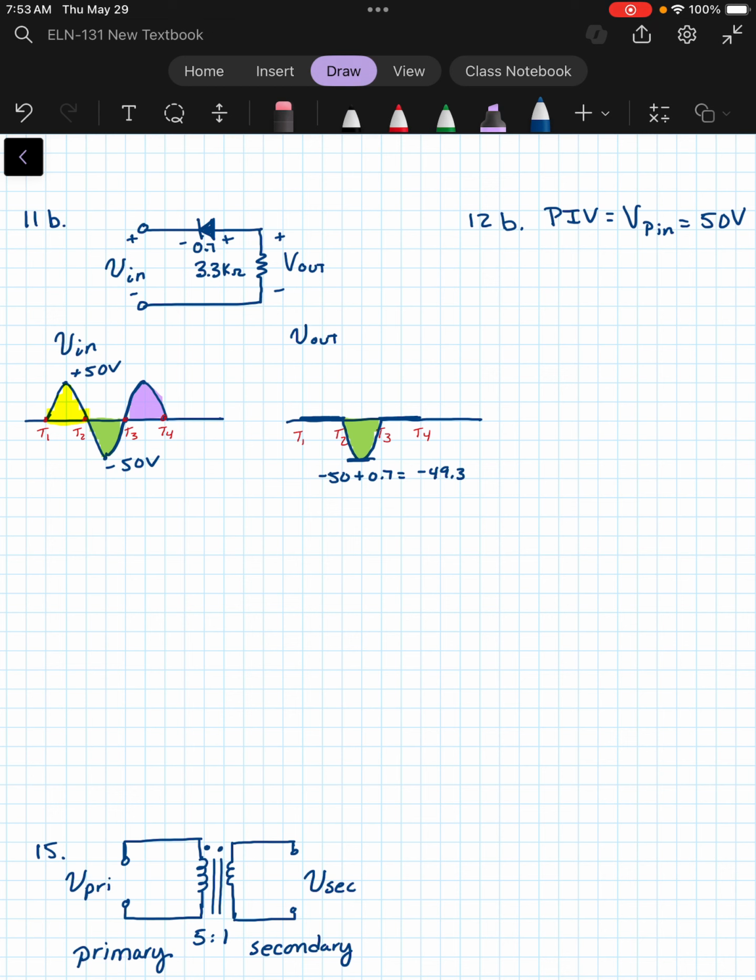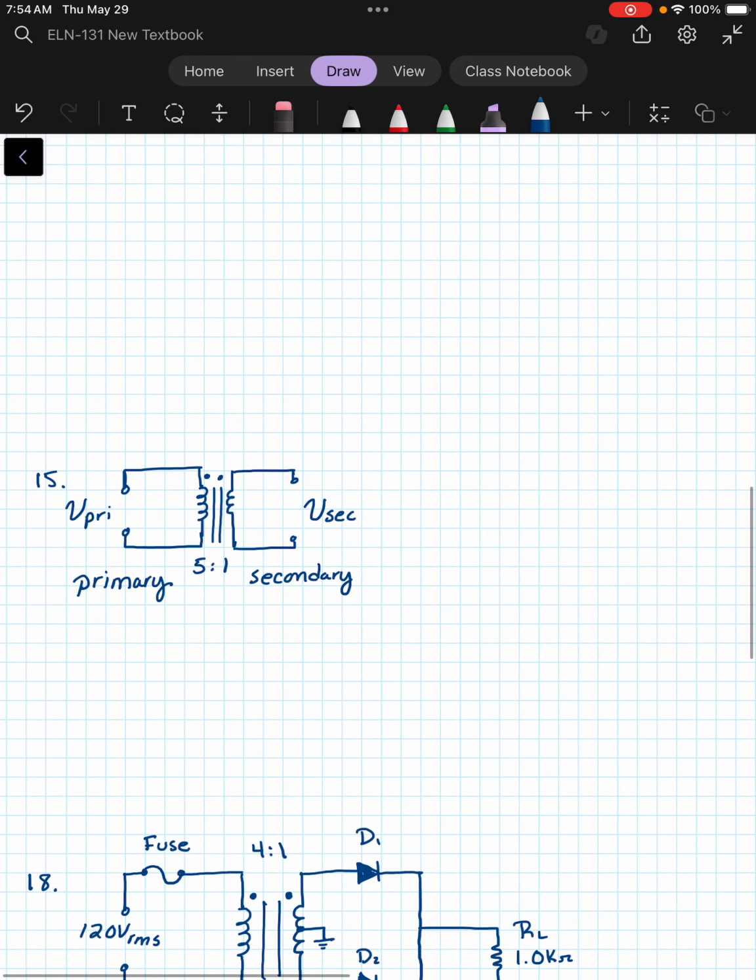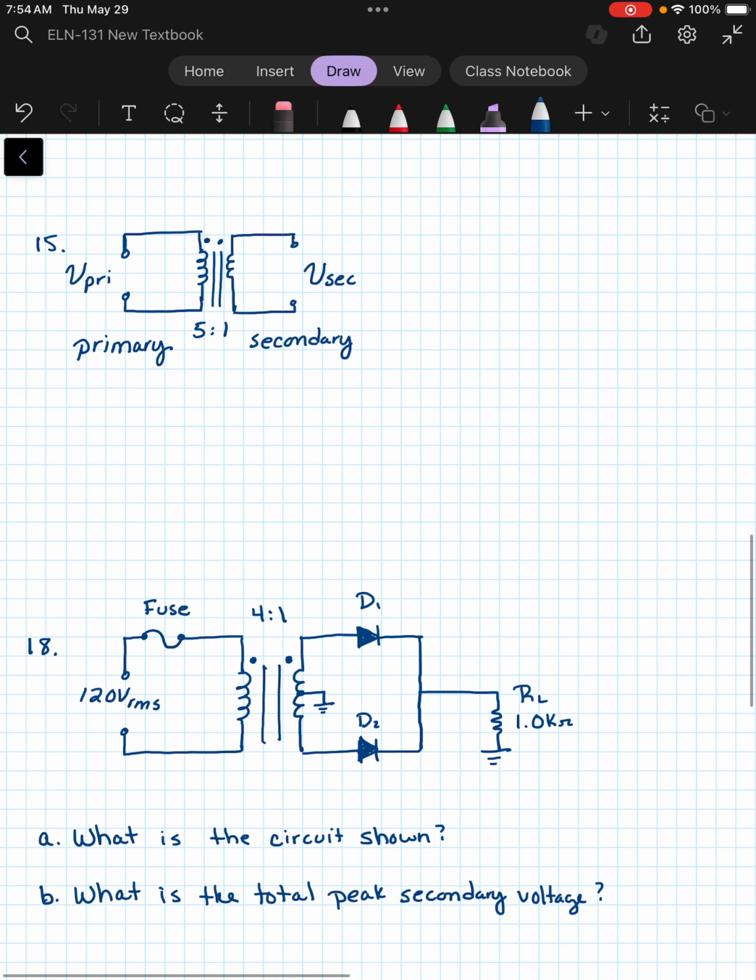Now, number 15 is really just a question about a transformer. So the question in number 15 asks, we have a power supply transformer that has a turns ratio of 5 to 1.